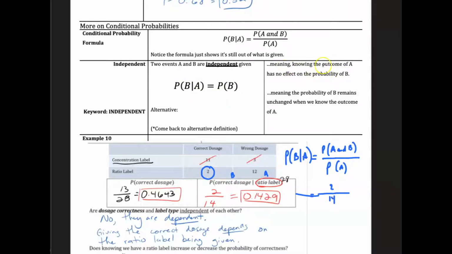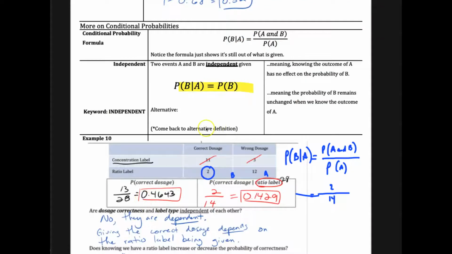So to summarize, knowing that the outcome of A has no effect on the probability of B is kind of highlighted here. Meaning the probability remains unchanged when we know the outcome. So there are definitely two different ways to think about it. And of course, you may even see the formula the other way around.